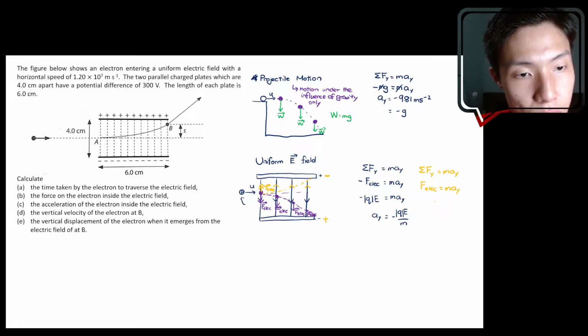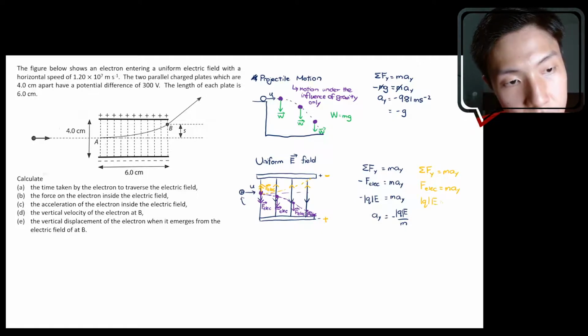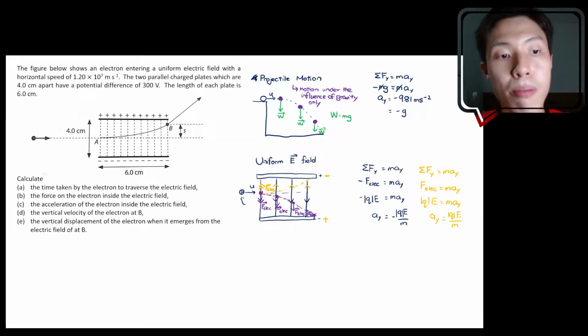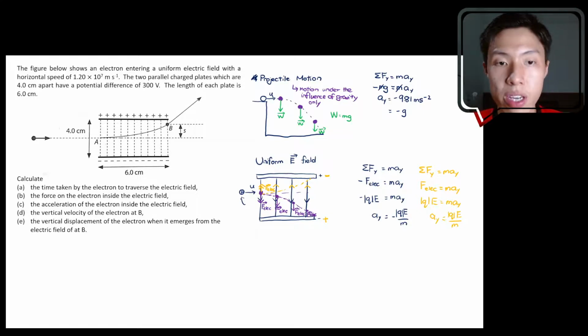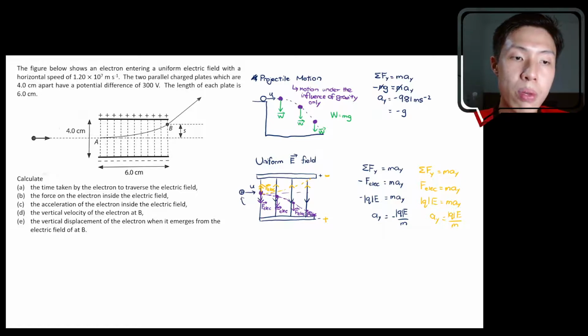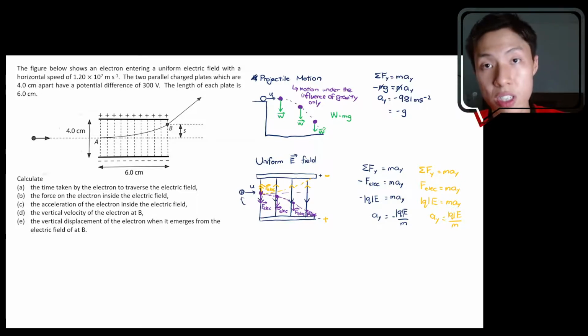So now you can do Q times E is equal to may. Therefore, ay is equal to the absolute value of charge multiplied by the electric field, divided by the mass. So there is actually no fixed formula for the acceleration. You have to look at the situation to determine whether the acceleration is pointing in the positive y direction or negative y direction.